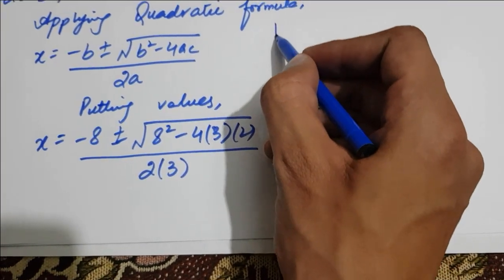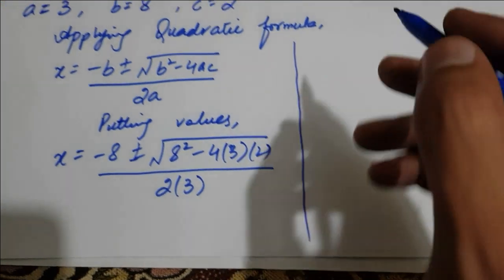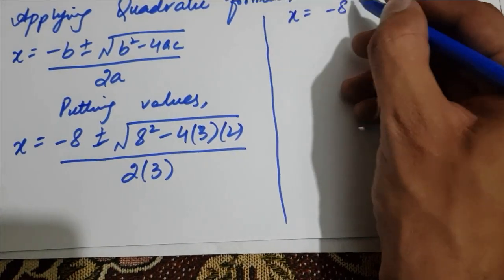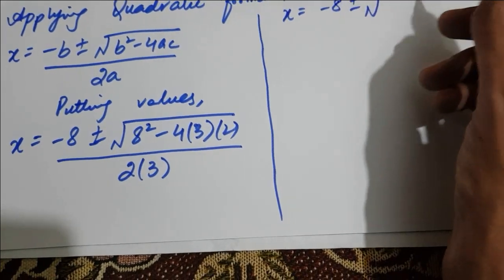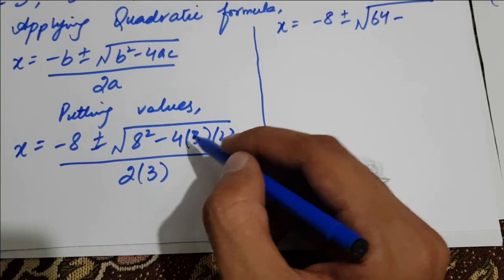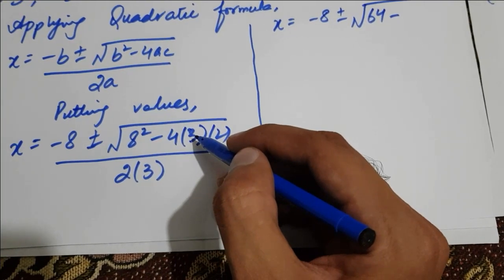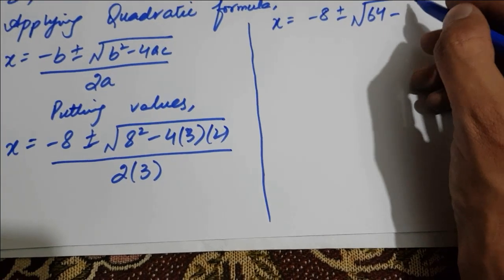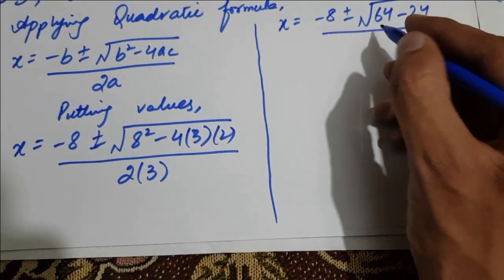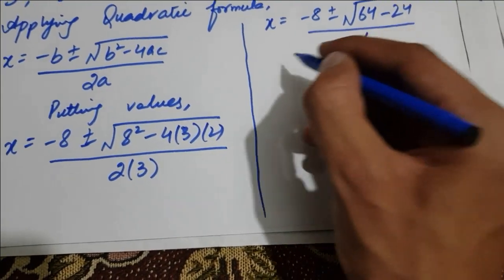Solving it, we get x equals minus 8 plus minus square root of 8 squared is 64, minus 4 times 3 is 12 and 12 times 2 is 24, divided by 2 times 3 is 6.